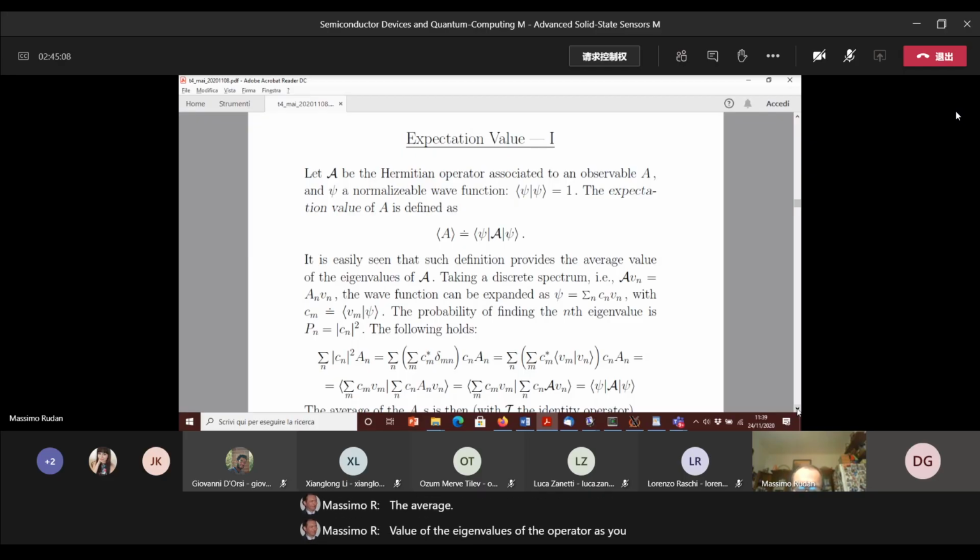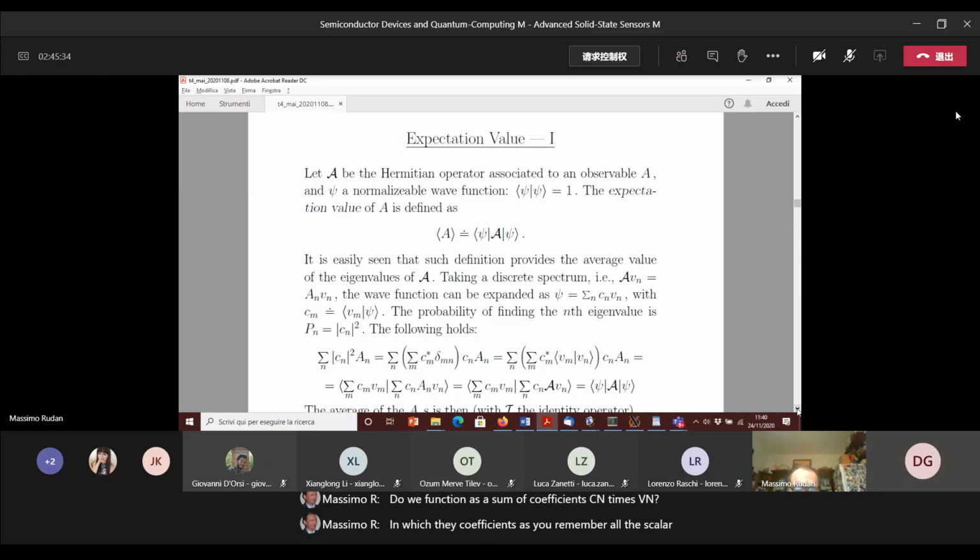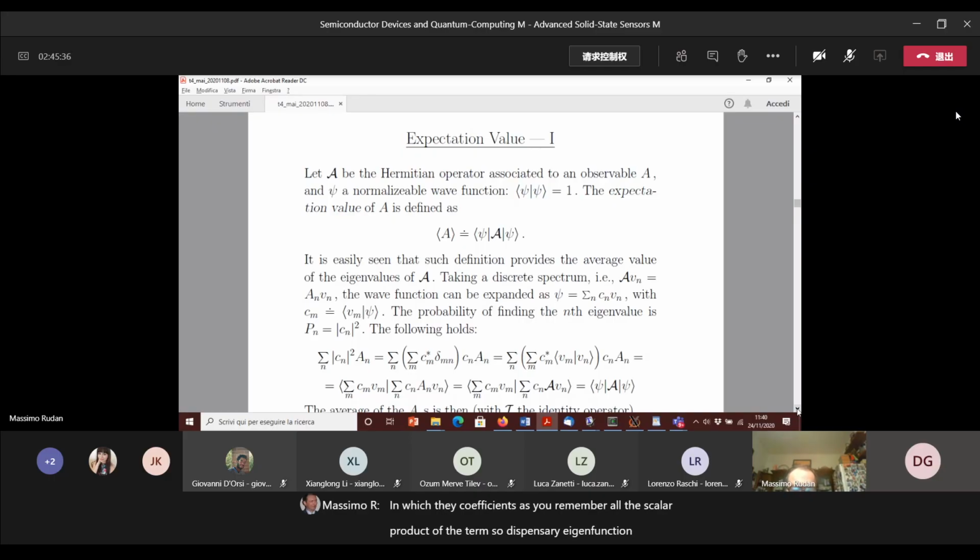As usual, we consider the discrete case, take the expansion of the wave function. So we have the wave function as a sum of coefficients Cn times Vn, in which the coefficients, as you remember, are the scalar product of the eigenfunctions times the wave function.